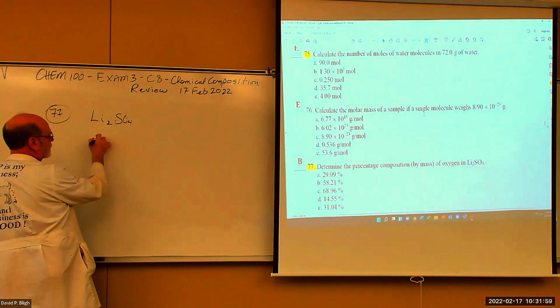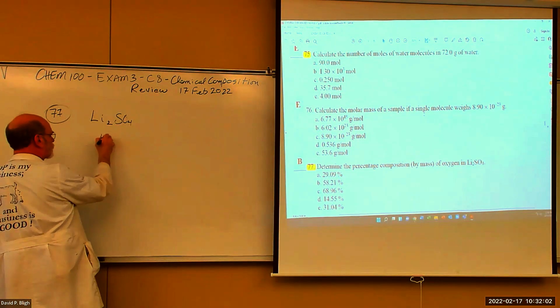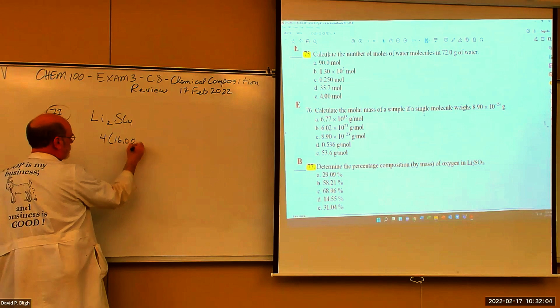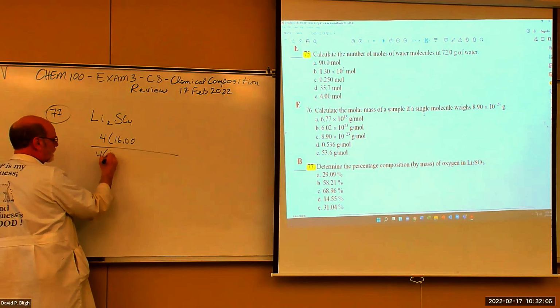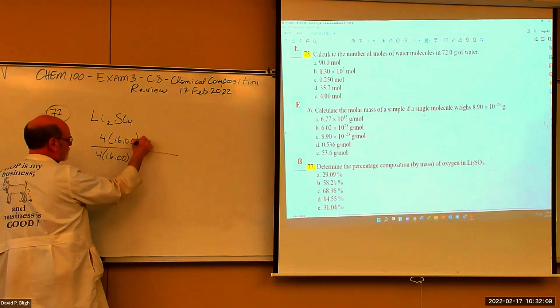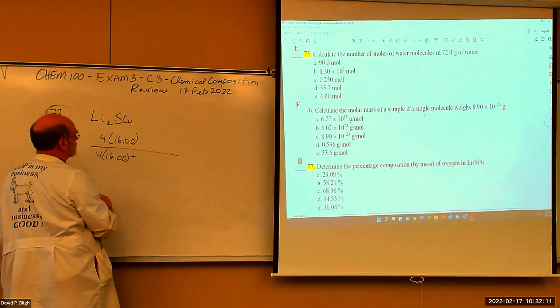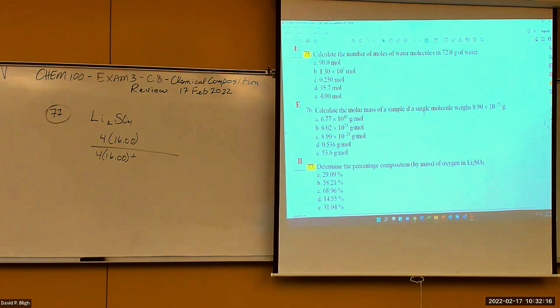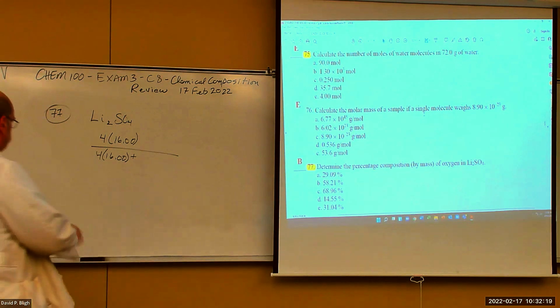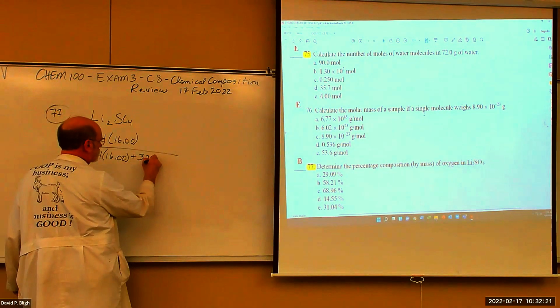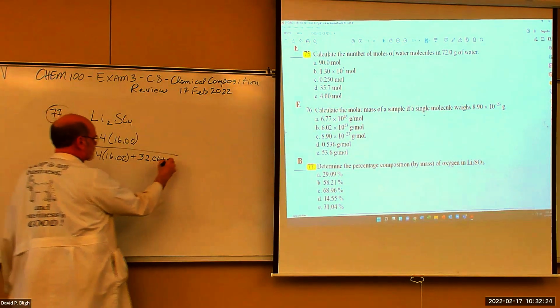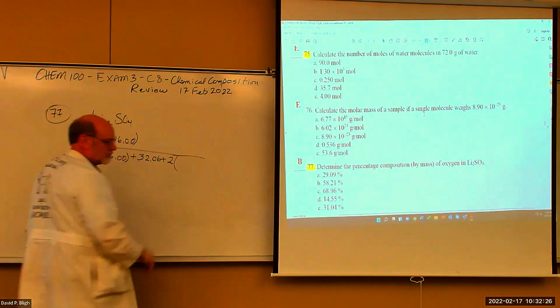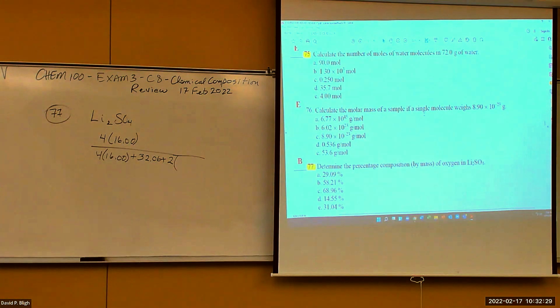So we need 4 oxygens in the numerator and the denominator, plus we need sulfur, which is 32.06, 1 sulfur, and 2 lithiums. 2 lithiums are a pretty light atom. 6.94.